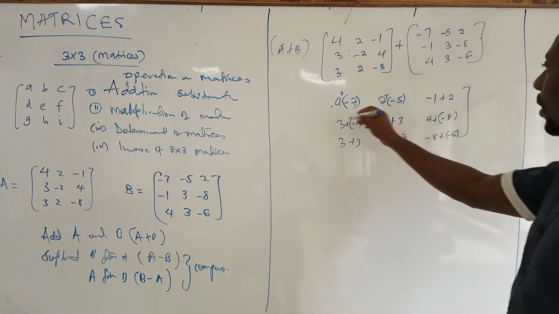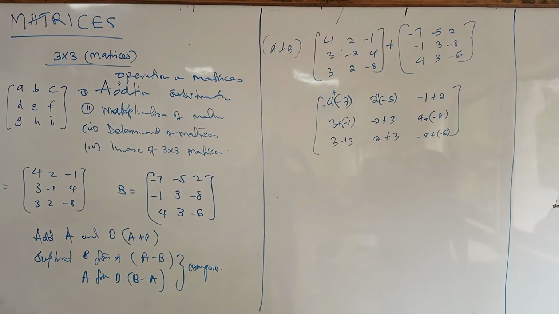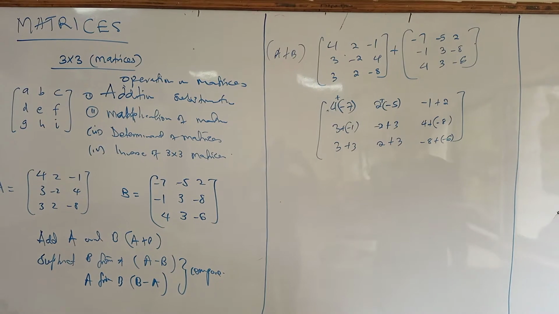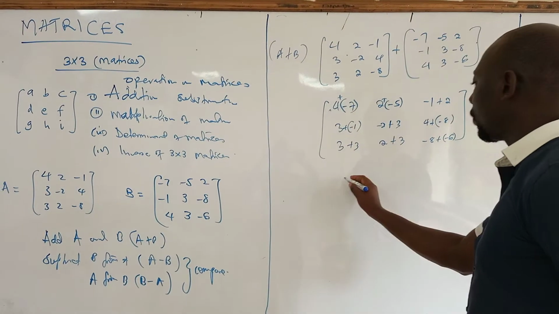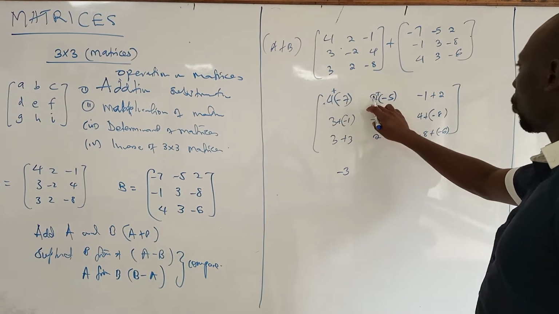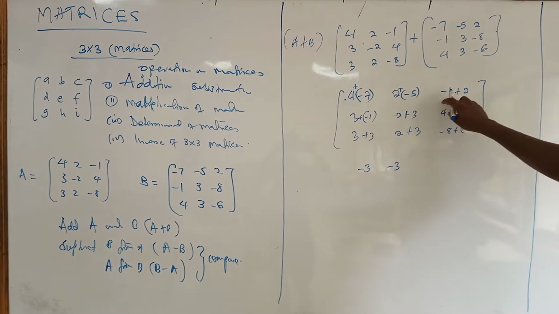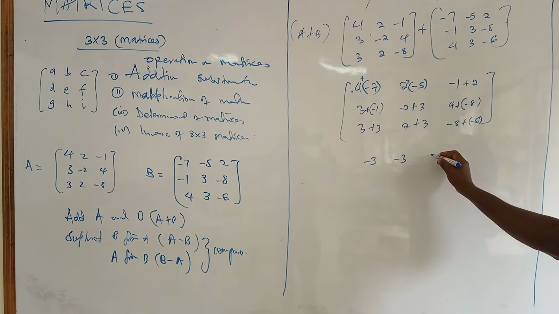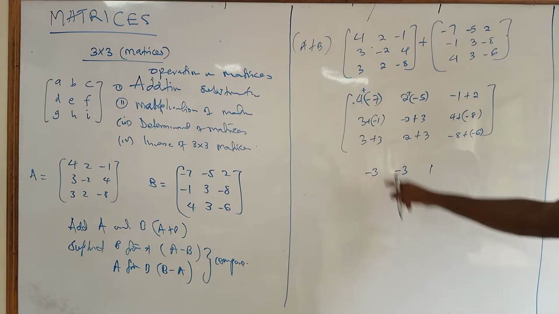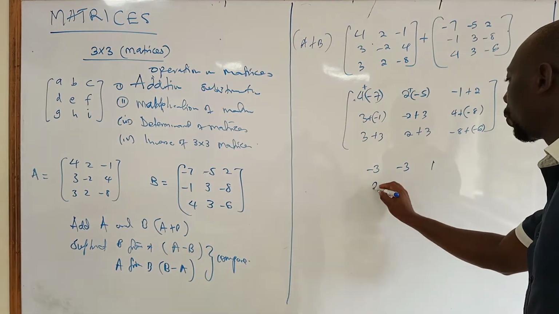So this is our sum matrix. If you sum the two, you get 4 plus -7 gives you -3. 2 plus -5 gives you -3. -1 plus 2 gives you 1. 3 plus -1 gives you 2.